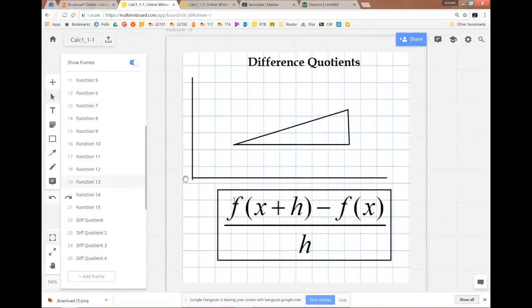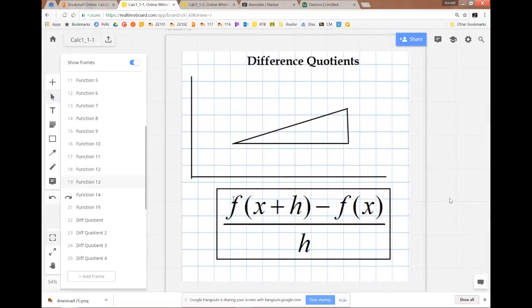So a very important concept we are going to get into is, what's a difference quotient? What it amounts to is two generic points. That one and that one. And we want to find the difference quotient.